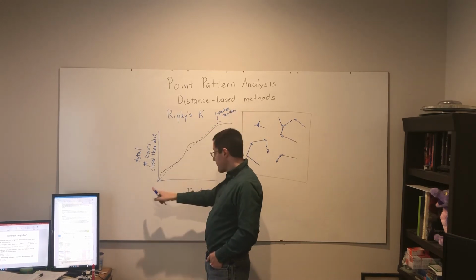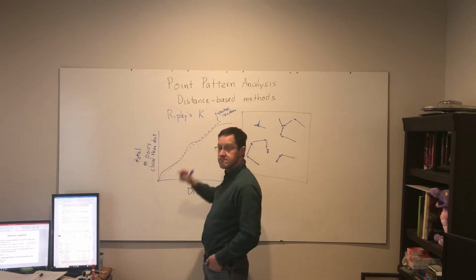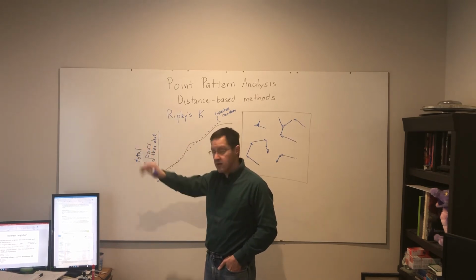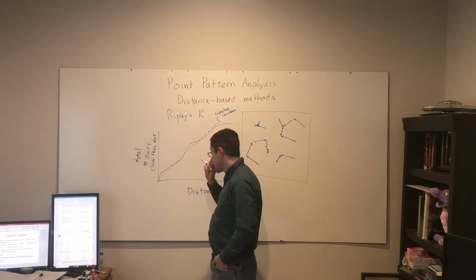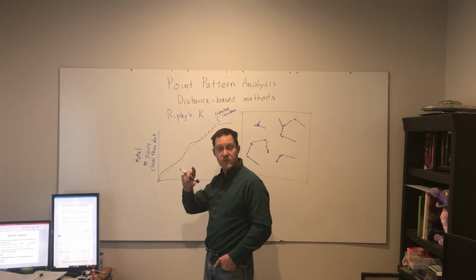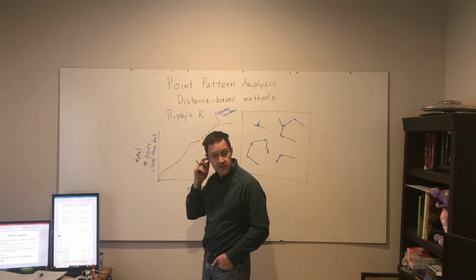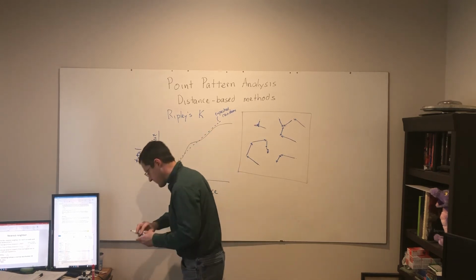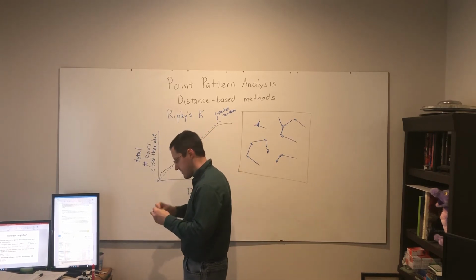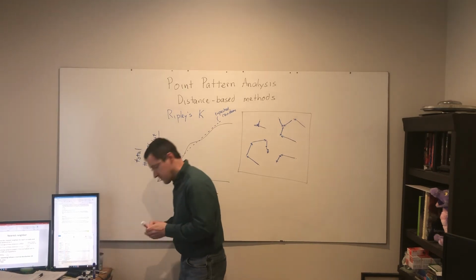If they are random, this line is going to go up straight as a diagonal line. But what's the confidence interval around this diagonal line? That's where these Monte Carlo simulations come in.